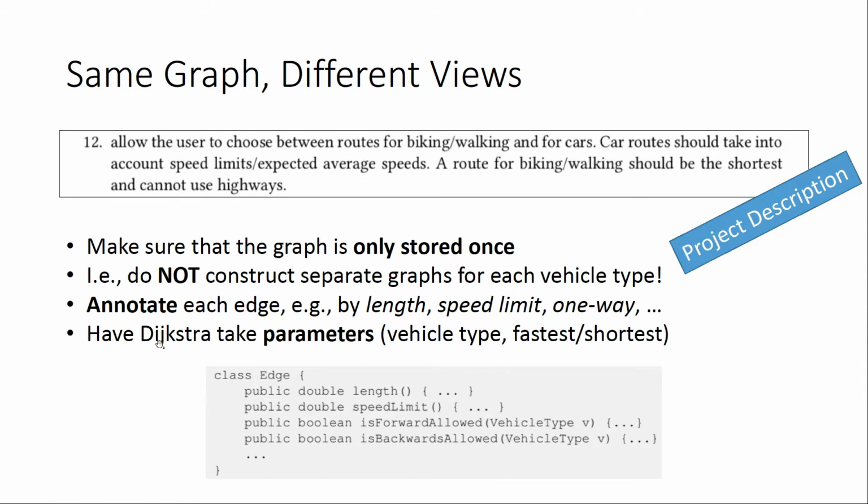And then if you call Dijkstra, please route from source to destination, then you should also say by car, and I'm interested in fastest route. Yeah, and that should tell your Dijkstra implementation, okay, now I have to consider fastest routes.